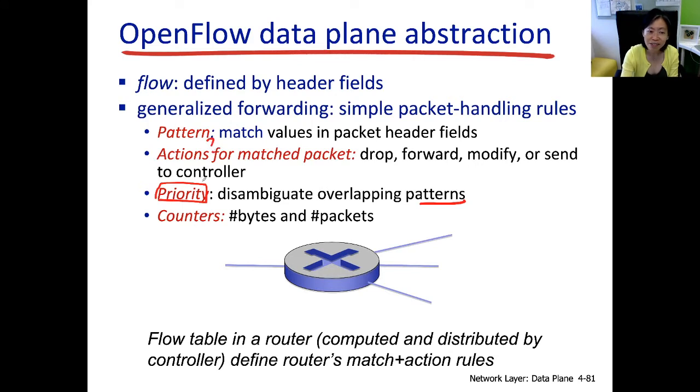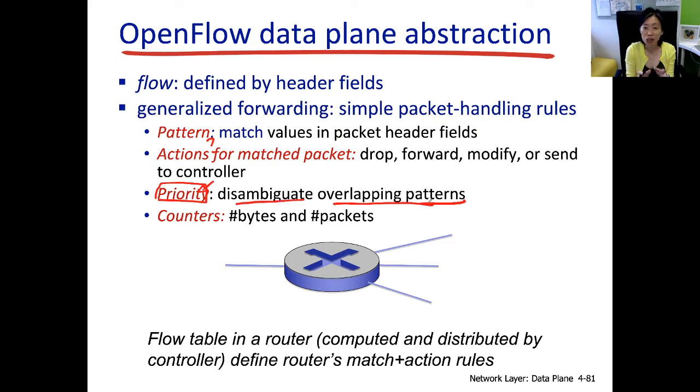Priority there is to specify which pattern carries a higher priority and which one carries less, so we can break the tie among all the matching patterns. We take the action in the prioritized entry. So priority is to disambiguate all the matching entries.